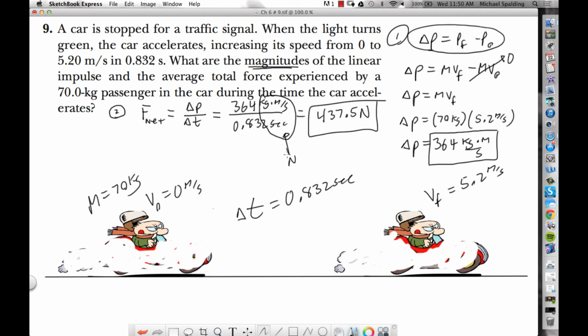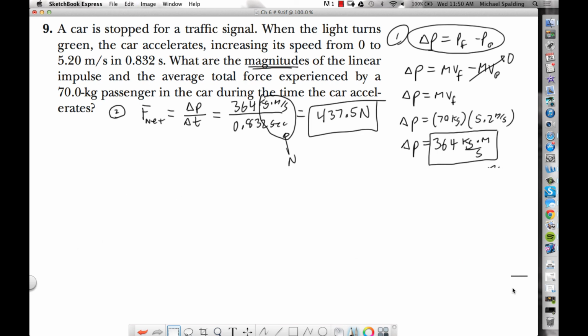Okay? So that's a pretty straightforward problem, right? Hey, what's the other way you could have done this? Like 2 months ago when we were doing forces, you could have solved this by doing a free body diagram. So let's make some room. I'll show you, you already could have figured this out. So here's the guy. Let's say that this box represents the guy. So there's a net force to the right.